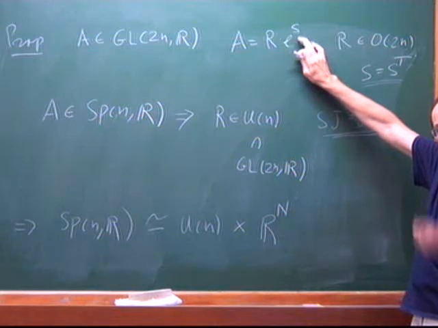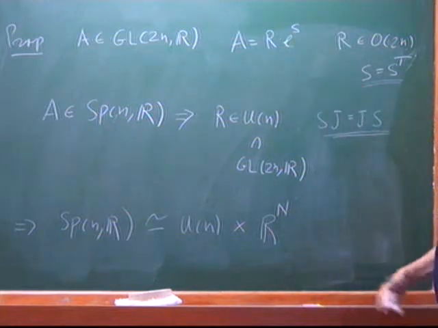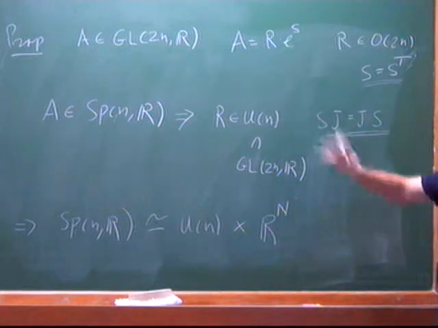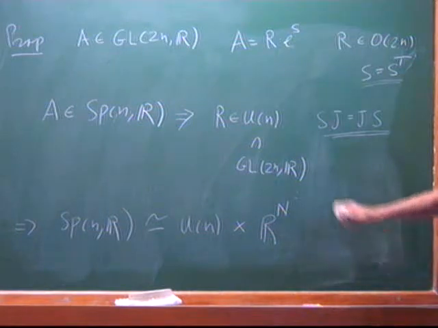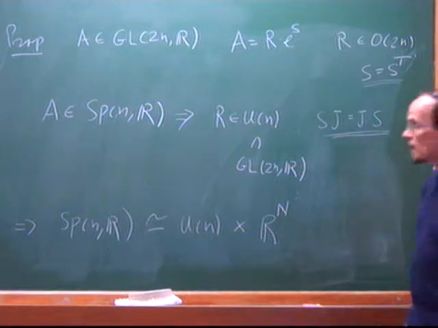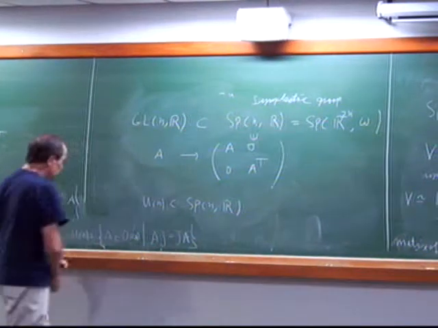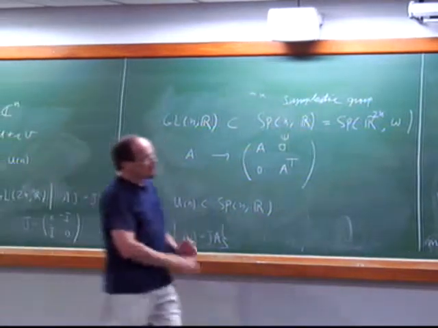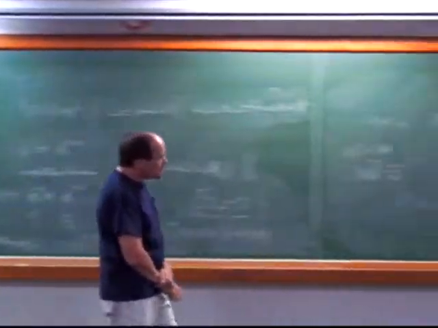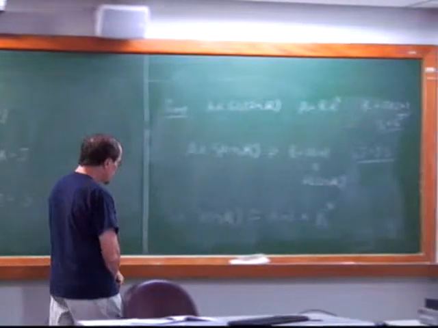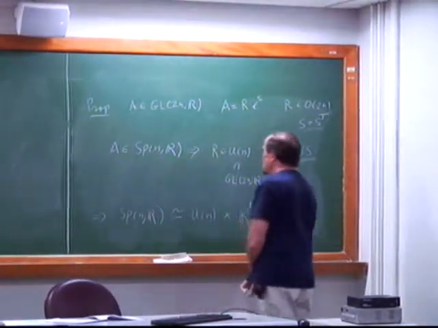R and S are unique when you do that. And then it's a little bit tricky to rework these equations to show that this exactly means that R lies in UN, using this identification. And then you have to work things out. Maybe I don't want to do that. It's a little bit more tricky than polar decomposition, but elementary.